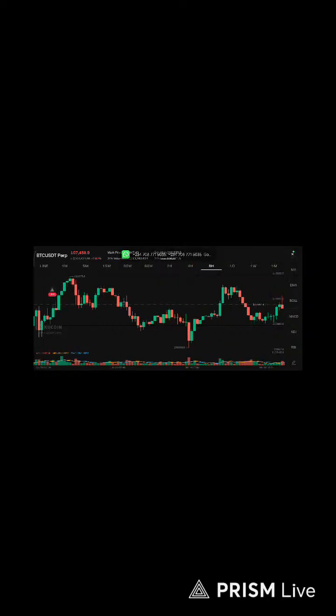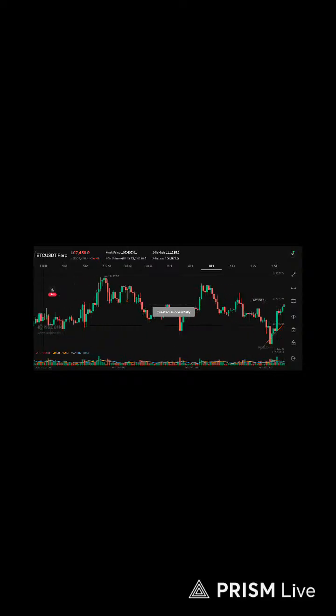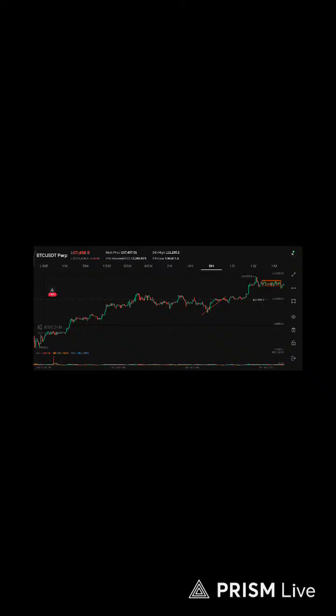This green candlestick here, I want to draw something, so let me explain. This one here is an example of a dragonfly doji candlestick.